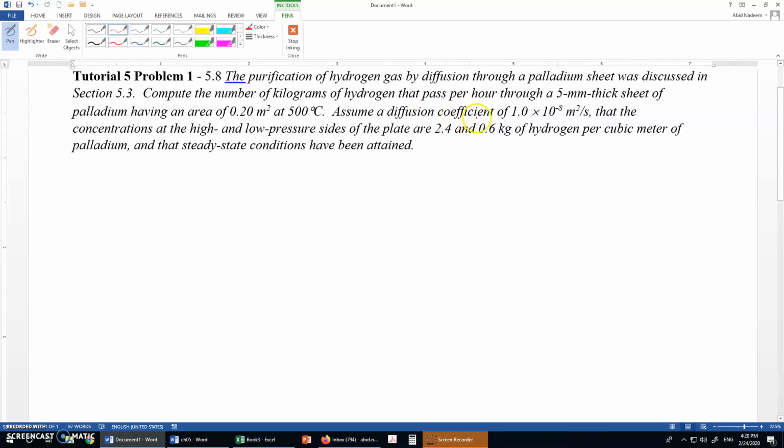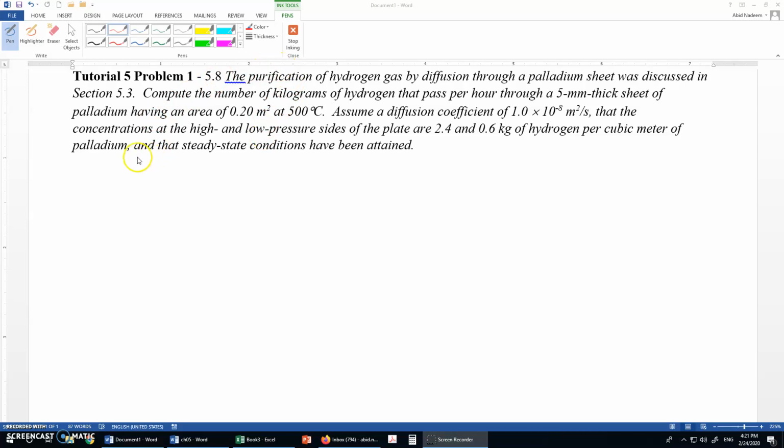Assume a diffusion coefficient of 1 × 10^-8 square meter per second, that the concentrations at the high and low pressure sides of the plate are 2.4 and 0.6 kilogram of hydrogen per cubic meter of palladium, and that steady state conditions have been attained.